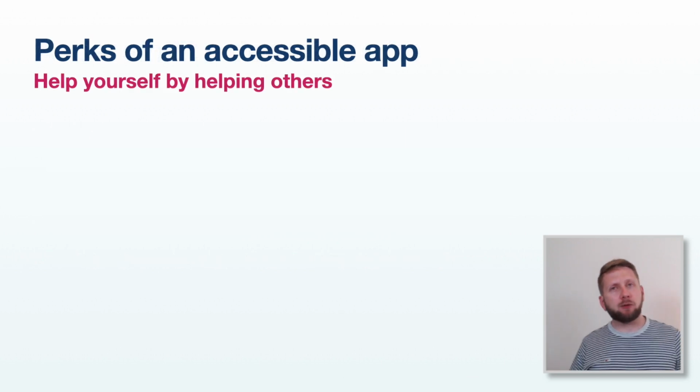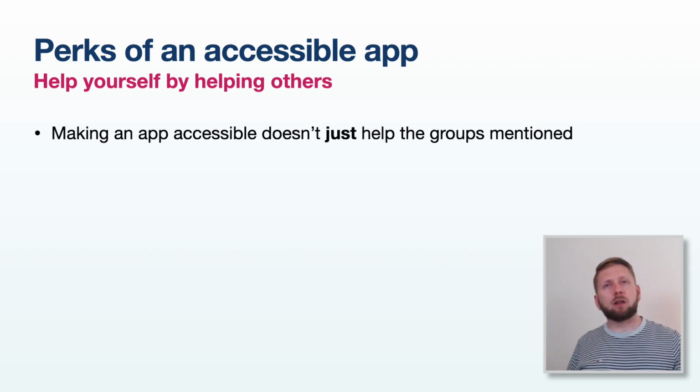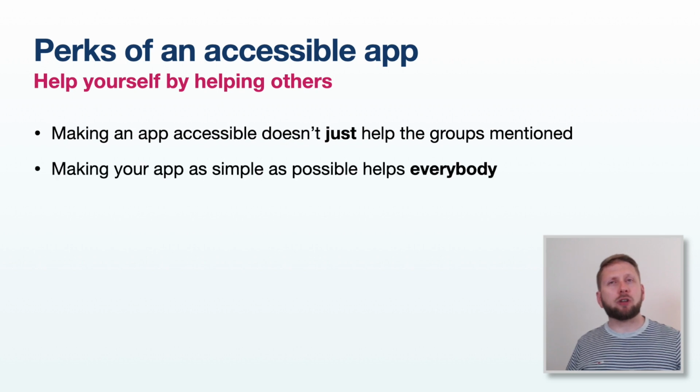Now, when you talk about accessibility, we talked about the groups that might benefit from working on accessibility, but there are actually a lot of perks from accessible apps that are not directly related to these user groups themselves. So not just those groups, but also making the app as simple as possible helps the people outside of those groups.